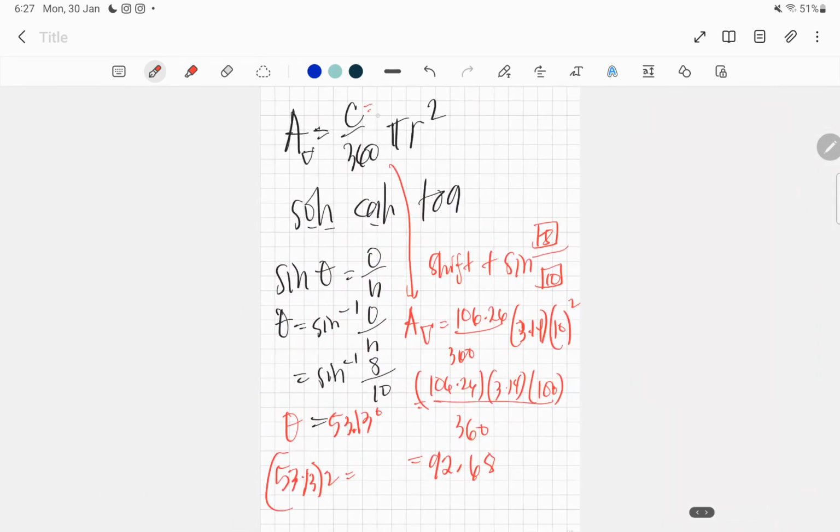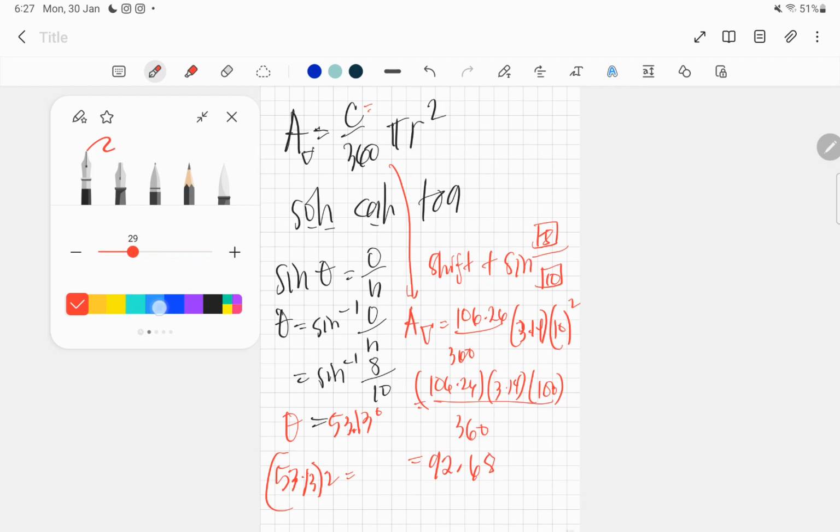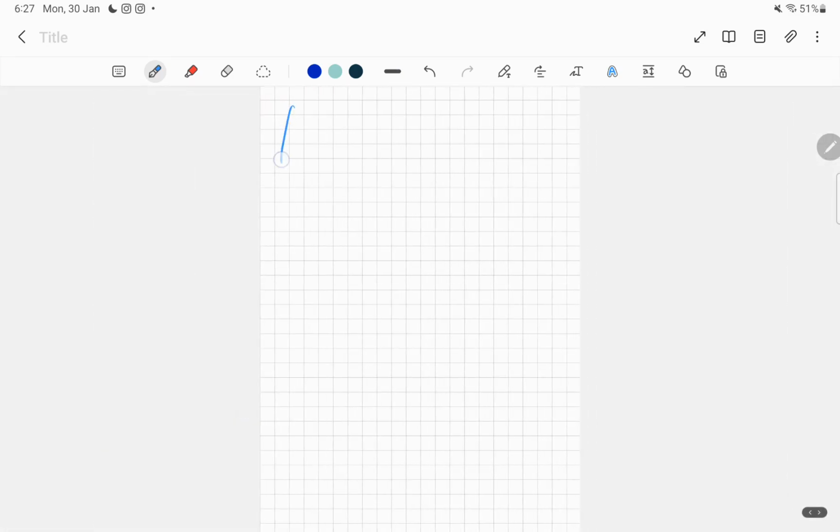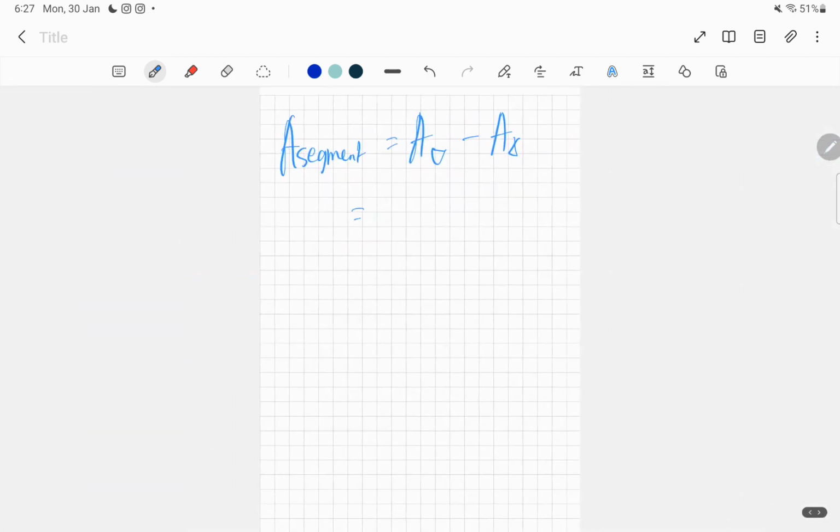So, iyan na ngayon yung area ng sector mo. So, again, balik tayo sa area of segment. That is equal to area ng sector minus the area of a triangle. Yung sector natin is 92.68.